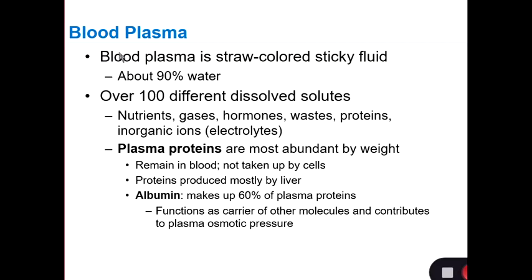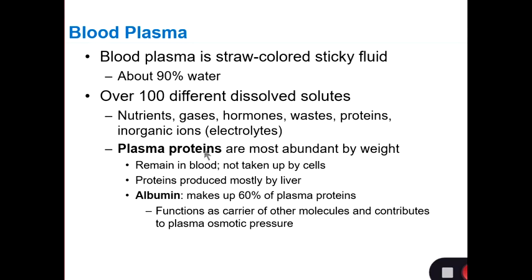So blood plasma, or the liquid portion of blood, you can see here, is mostly water, 90% water. But what's the other 10%? Well, some of it is dissolved solutes, which we've seen in the past from A&P1: nutrients, gases, hormones from Chapter 16, waste products that get eliminated. A lot of this 10% remaining of blood plasma will be proteins.